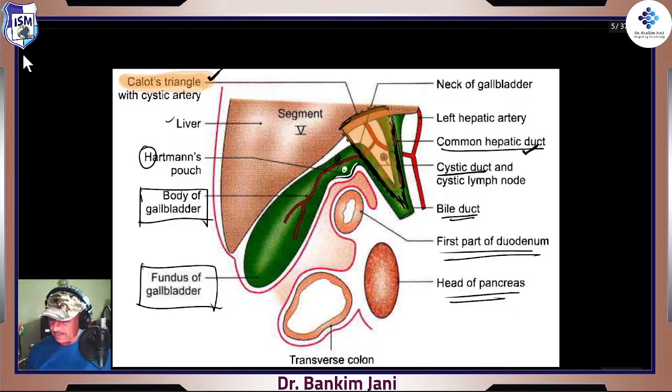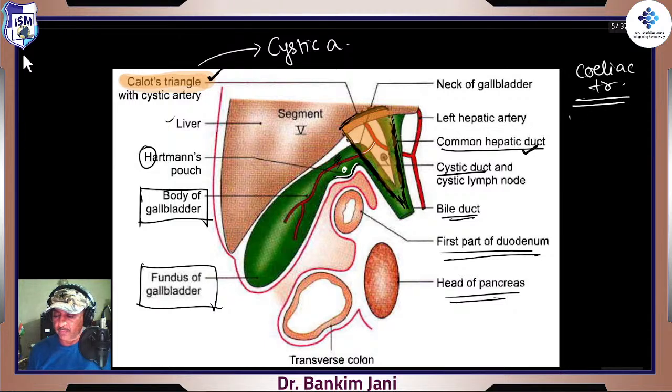So this is Callot's triangle, right? In Callot's triangle, there would be the cystic artery. So the artery is this, the cystic artery. You remember this cystic artery comes from the right hepatic artery, which is a branch of the common hepatic, which comes from the celiac trunk, which is from the aorta. And that tells us it is from the celiac trunk, so that means we are dealing with foregut, right?